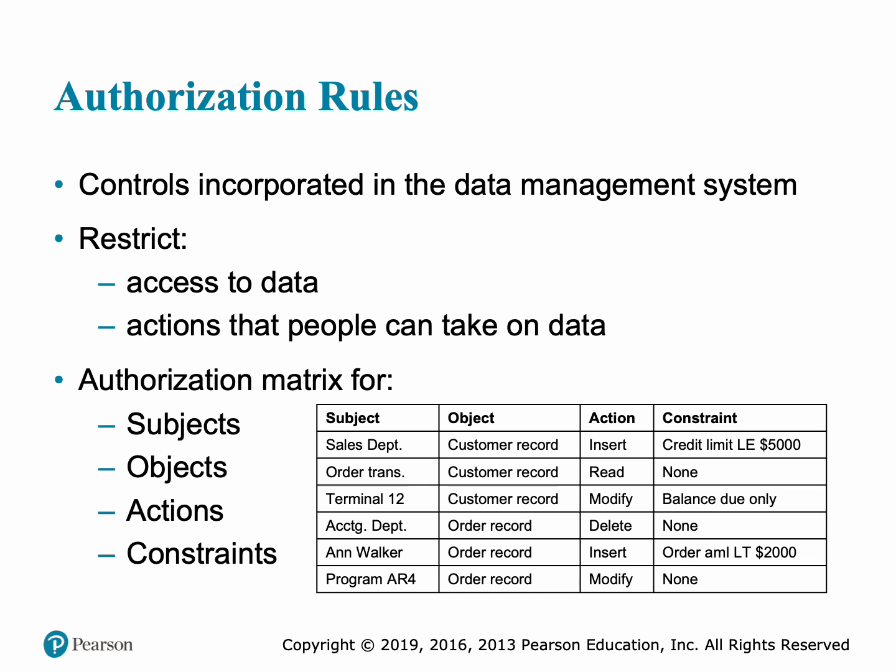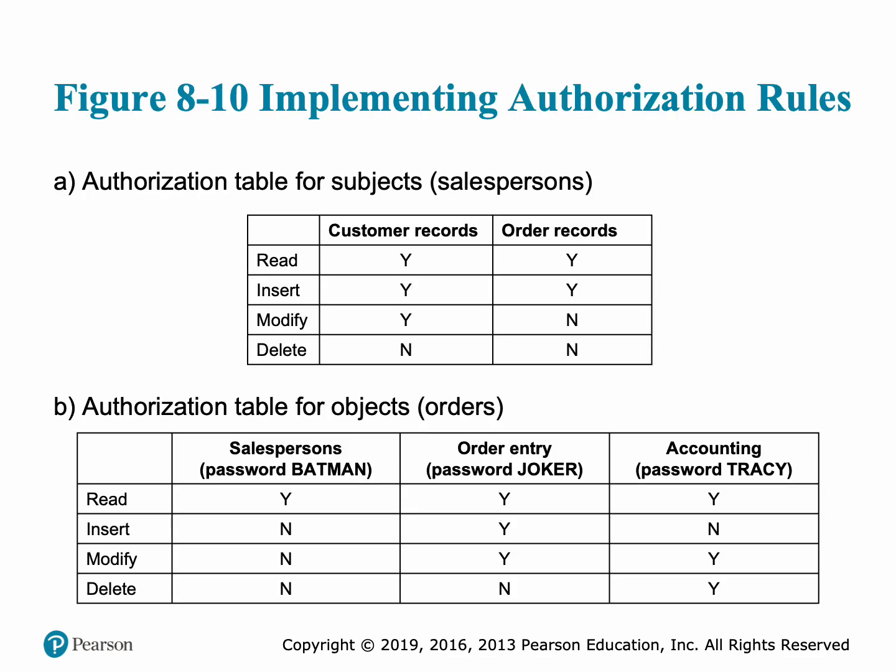So here we see these rules expressed as an authorization matrix, figure 8.9, and hopefully this is helpful. These authorization tables are simplified representations of authorization rules. One is for subjects and the other is for objects.